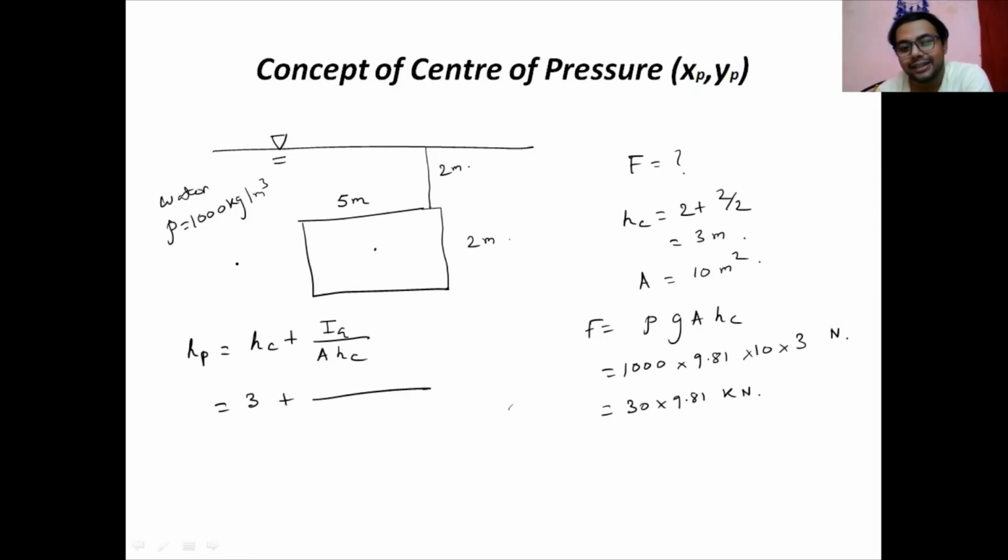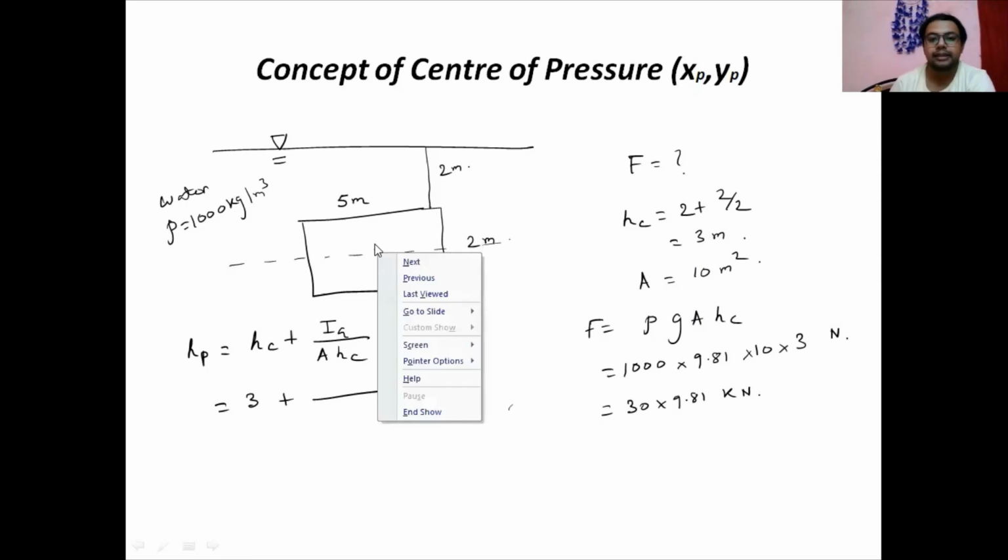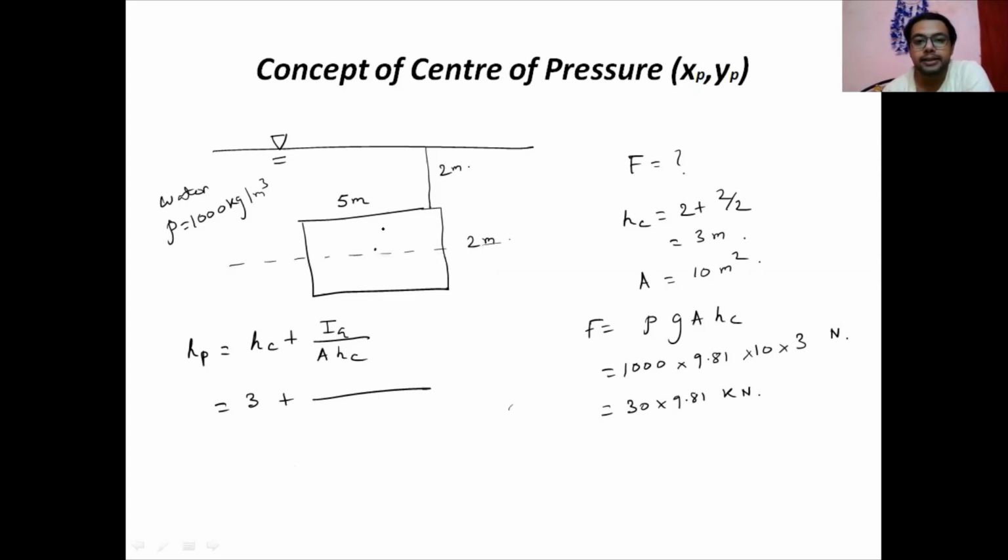IG is to be taken with your axis in this way, so it should pass through the CG. Here is the concept to take the IG: it should pass through G. So whether it is this one or the center, which axis do we have to take? Whether this axis or perpendicular to the plane. This is the concept we have to follow.